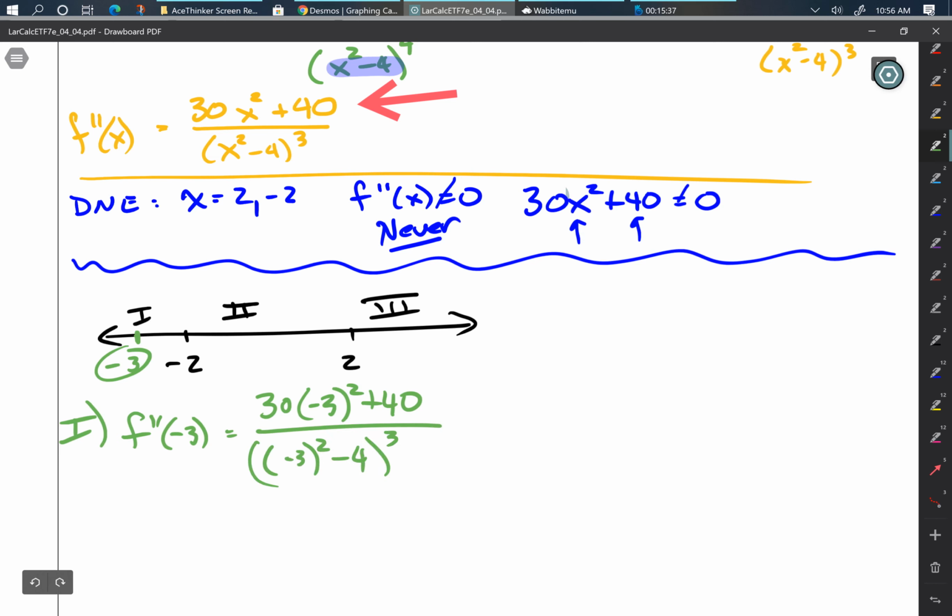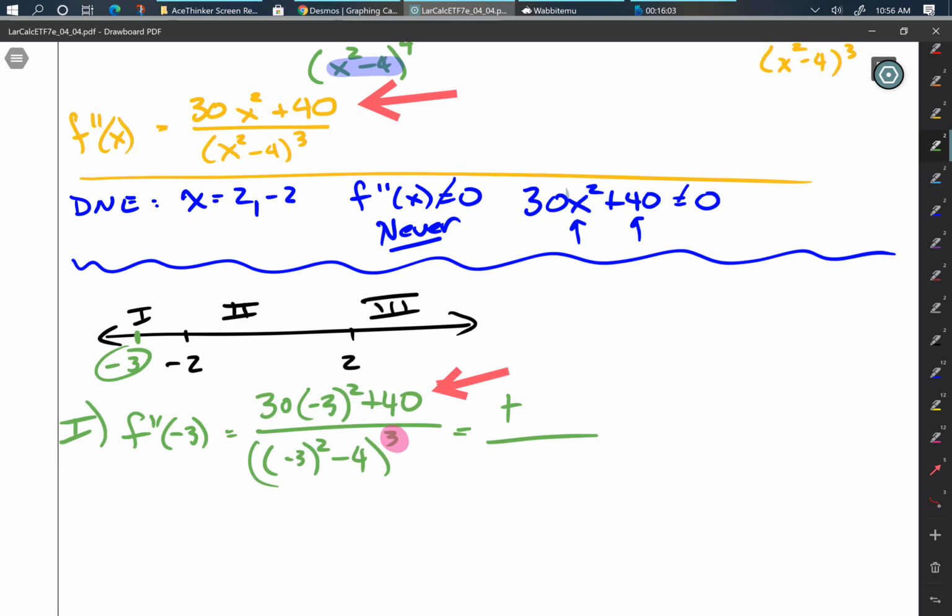Now, just like earlier, we have something interesting going on here. No matter what number I put into that numerator, it's always going to be positive. So upstairs is always positive. What about the denominator? The denominator can change signs because it's being cubed. Since the denominator is being cubed, it can change signs depending on what happens inside of those parentheses.